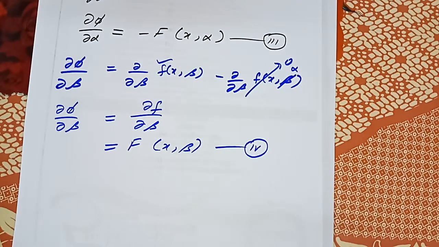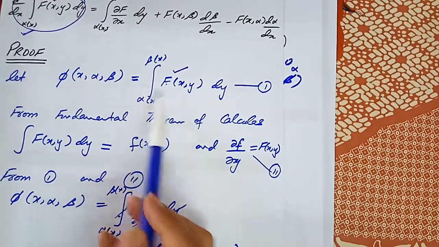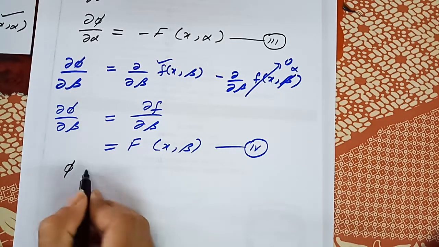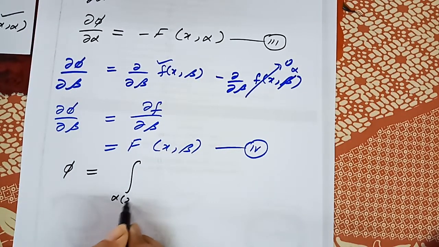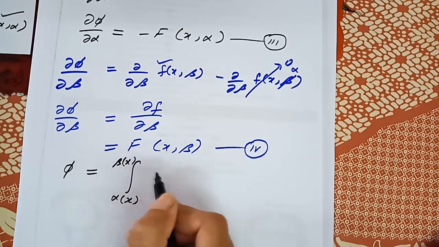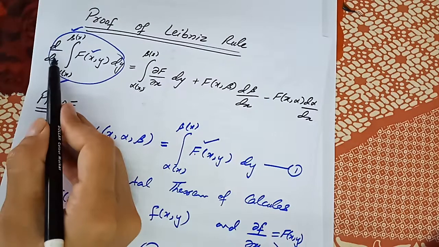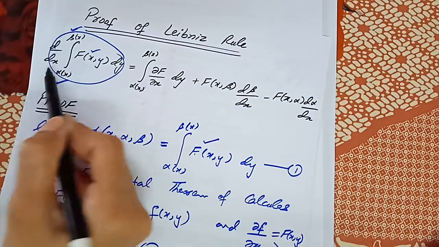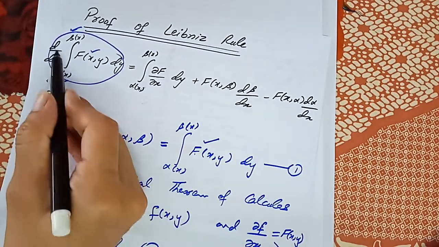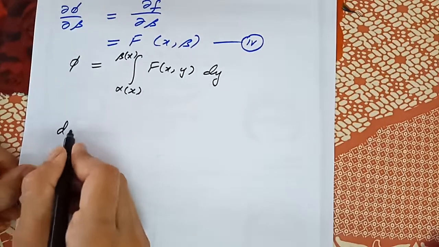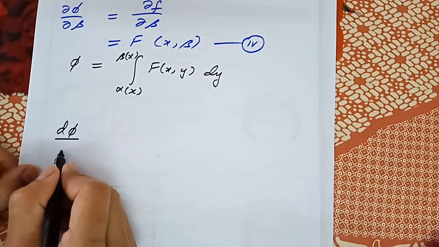Now at the start, you let this thing be phi. So let's write it again. You had phi was the integration from alpha of x to beta of x of f of x, y dy. What you need in your question is d by dx, so you need d phi over dx.